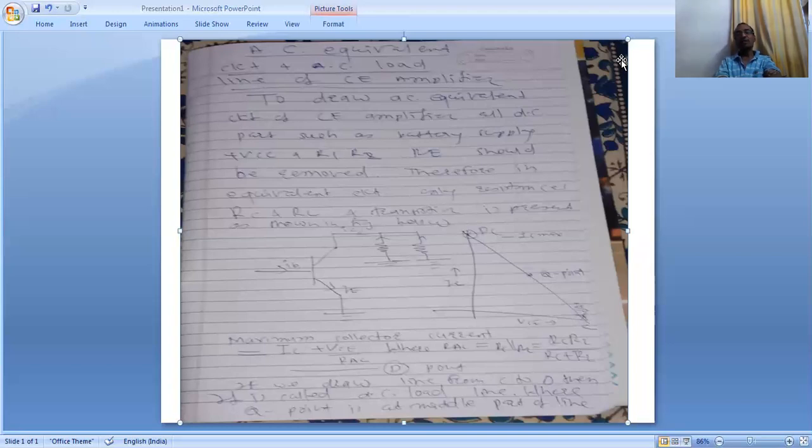If you take the reciprocal, RAC equal to RC into RL divided by RC plus RL. This is the equivalent resistance in AC. This is the point D on the output characteristic.